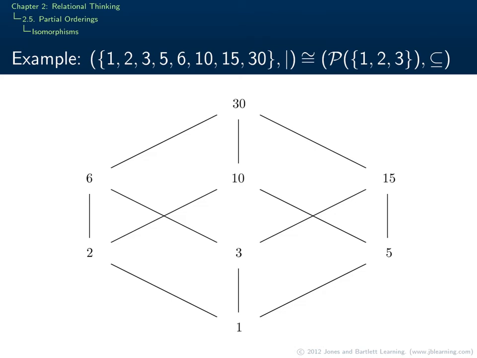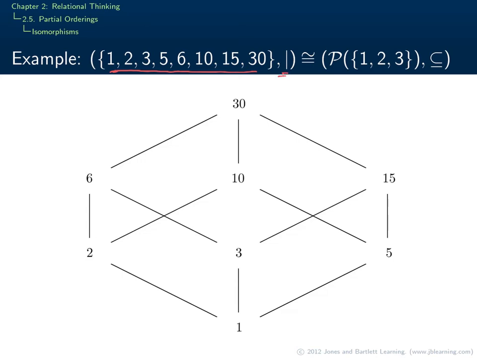One way you can tell that two partially ordered sets are isomorphic is by looking at their Hasse diagrams. If the Hasse diagrams are identical, then the partially ordered sets must be isomorphic. So here we're looking at the Hasse diagram for this set under the divisibility relation.